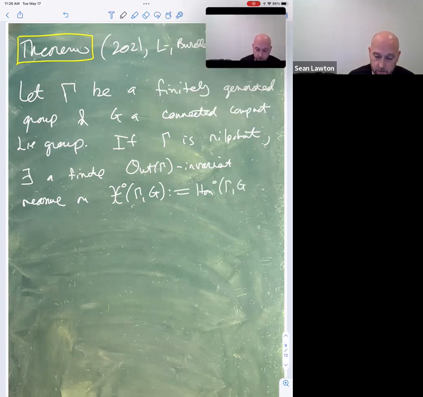It's the identity component of the Hom space mod conjugation. And that measure has full support. So that means it doesn't send open sets to 0. The measure of open sets is never 0.